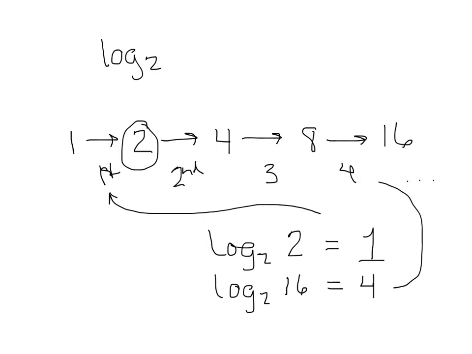And that correlates to that. So what that means is that if I take the log base 2 of any numerical value, I should be able to tell how many times that culture had to double to get to that number.